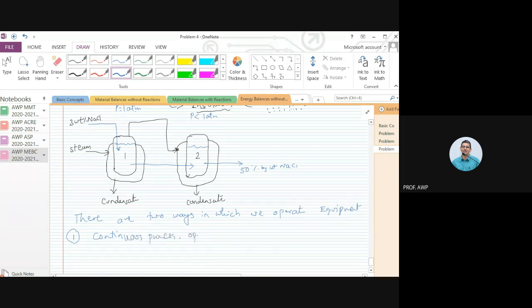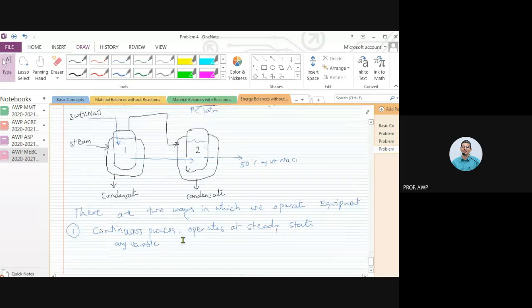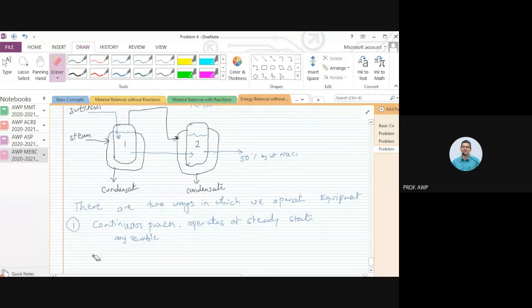It operates at steady state. What does steady state mean? Steady state means any variable, and when I say variable, I mean any process parameter, does not change with time.